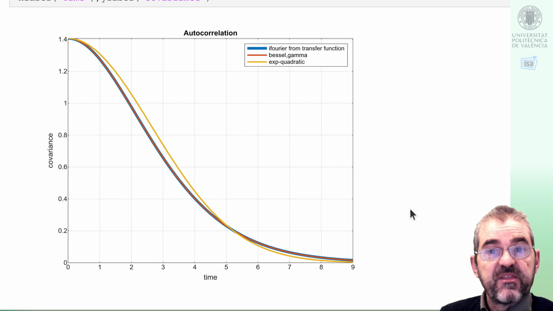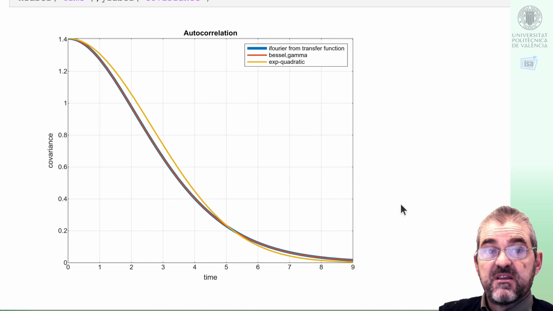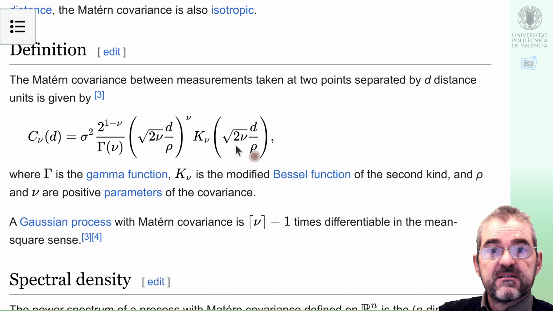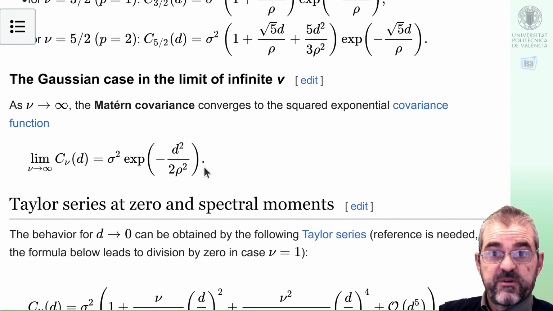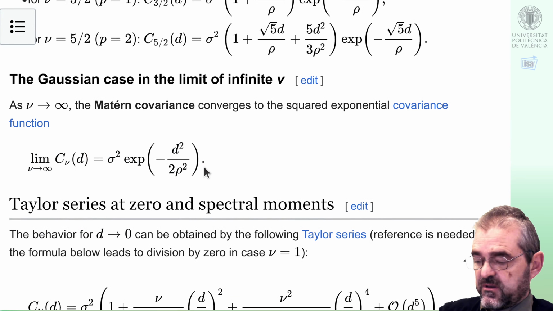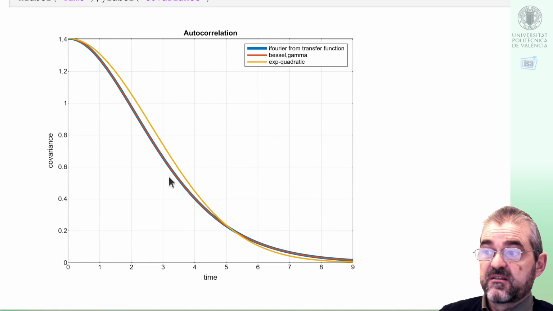Well, maybe it's not that much in practical terms, so that's why in many examples people forget about this strange formula and stick to the limit case of the squared exponential, because once you go away from first or second order, let's say, things start getting closer to the exponential.